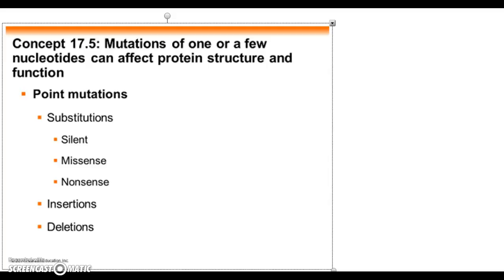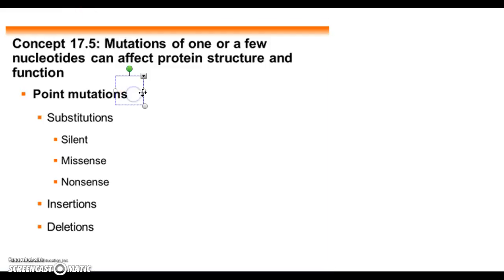Okay. So the last part of this is really fascinating as far as the mutations that can happen. And so point mutations are very small scale mutations that can take place.